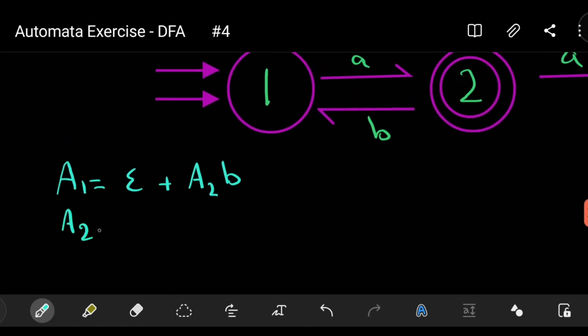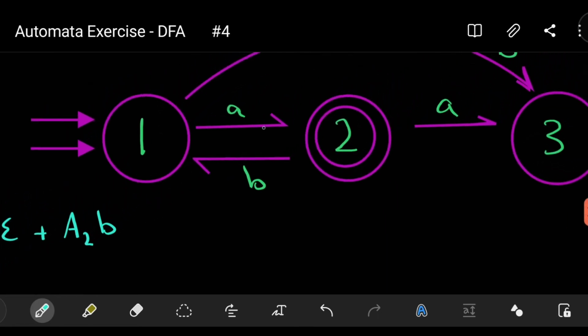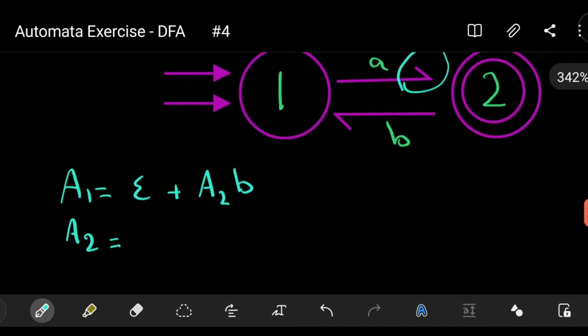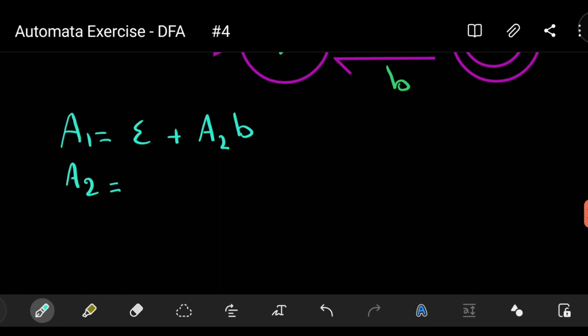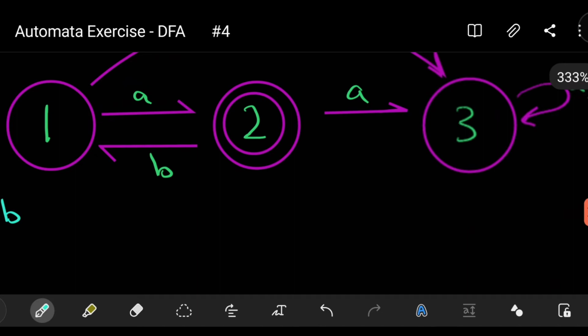A2. We have here, what are the arrivals to A2? We have A only. And this A is coming from 1. So A1A. Okay, so this is the arrival system of A2.